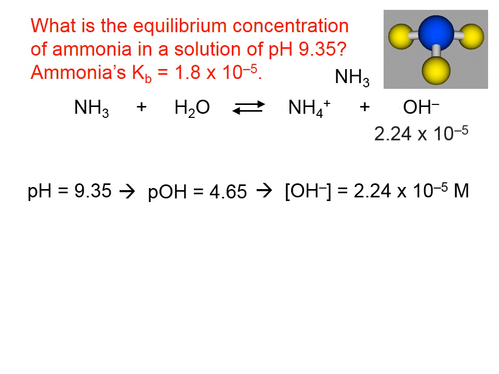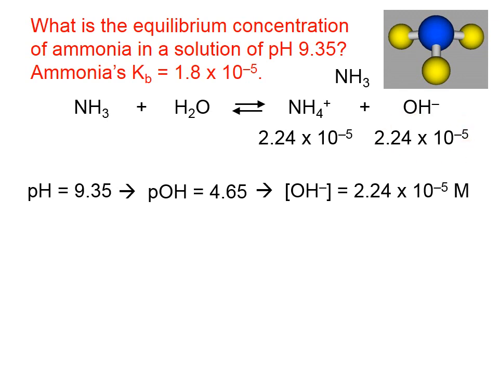That means that we know the value of the hydroxide ion concentration at equilibrium, 2.24 times 10 to the negative fifth, and we also know the concentration of the ammonium ion. Think about if we were doing an ICE calculation on the product side here, wouldn't it say 0 plus x, and over here 0 plus x?